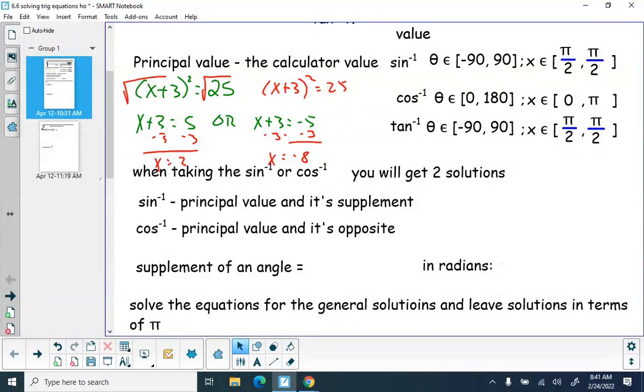Now when dealing with a supplement, and this is review from back in trig class, when we're in theta, we get 180 minus our principal value, whatever that principal value is.